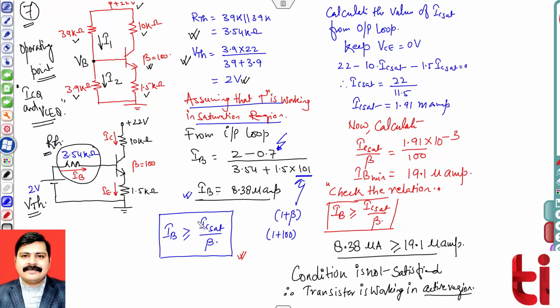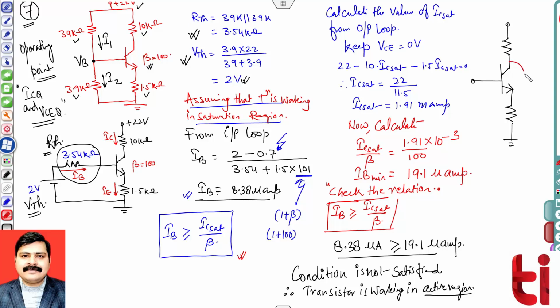I have to calculate the minimum value of base current when this transistor is working in saturation region. So let me draw that circuit also for when the transistor works in saturation region. My circuit will be somewhere like this, and in that case I am not completing the circuit on the base side, because we are interested in the output region only.